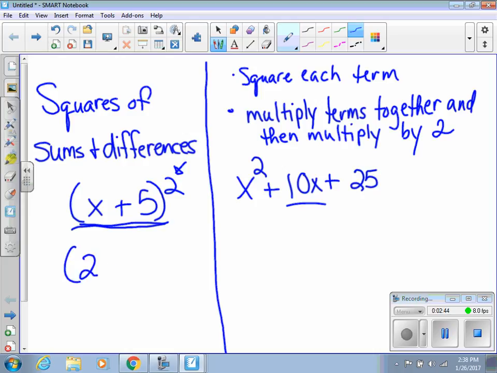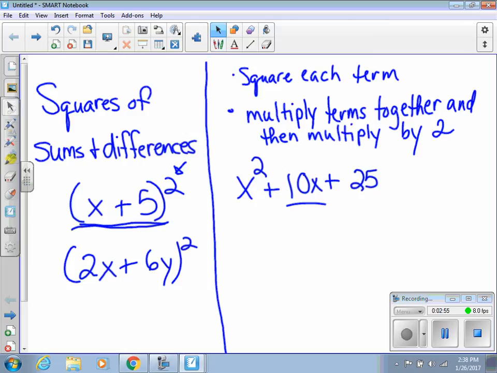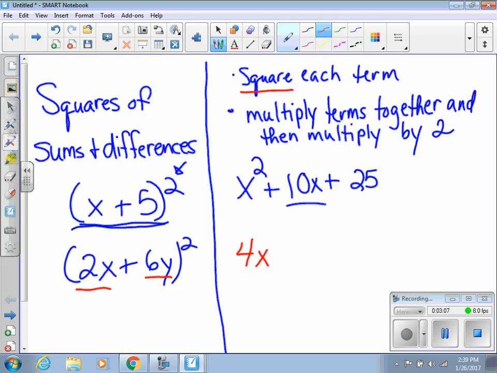Let's say it's 2x plus 6y squared. So we're going to square each term, and I'm going to get 4x squared and 36y squared.